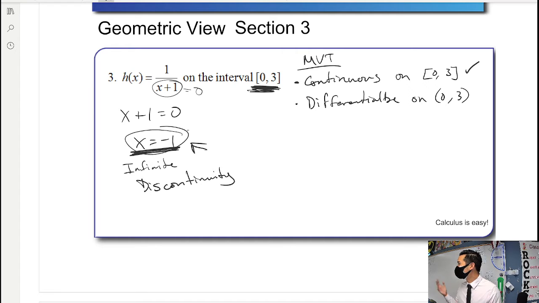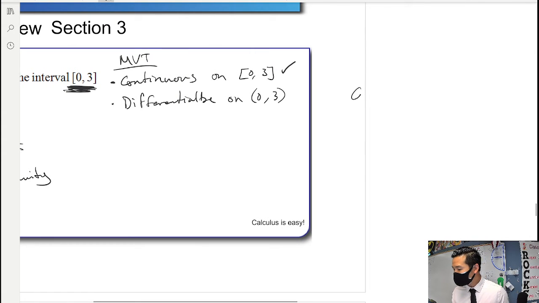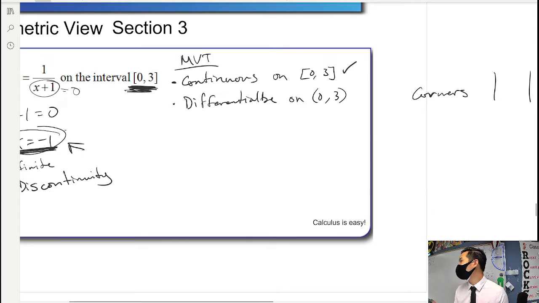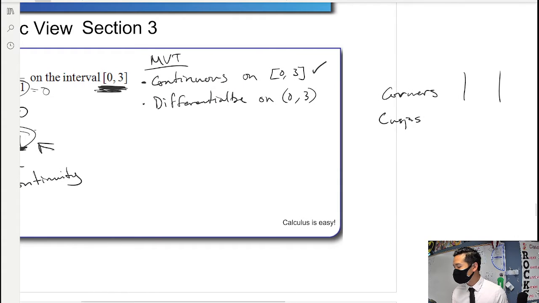Corners and cusps only happen 2 times, right? Corners occur at absolute values. This problem has no absolute values, so there's not going to be any corners in there. Cusps happen usually at a square root.